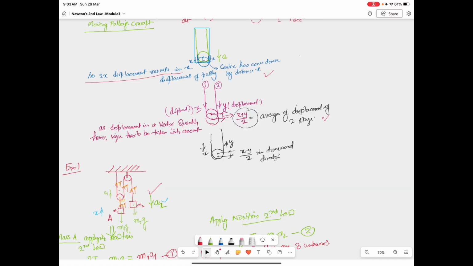Displacement is actually a vector quantity. So if, in any question, this part of the string is going down and this part is going up, then the displacement of the pulley downwards will be (x - y)/2 if x is greater than y, or it will be in the upward direction and become (y - x)/2.